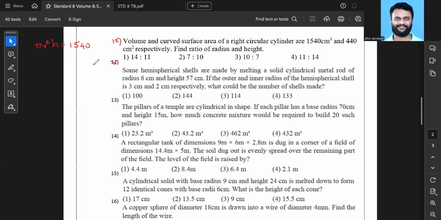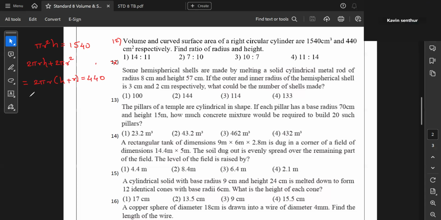And the surface area of the cylinder will be 2 pi RH plus 2 pi R square, right? That was the surface area. And when I take 2 pi R common, I'm left with H plus R is equal to 440. Is this much clear?